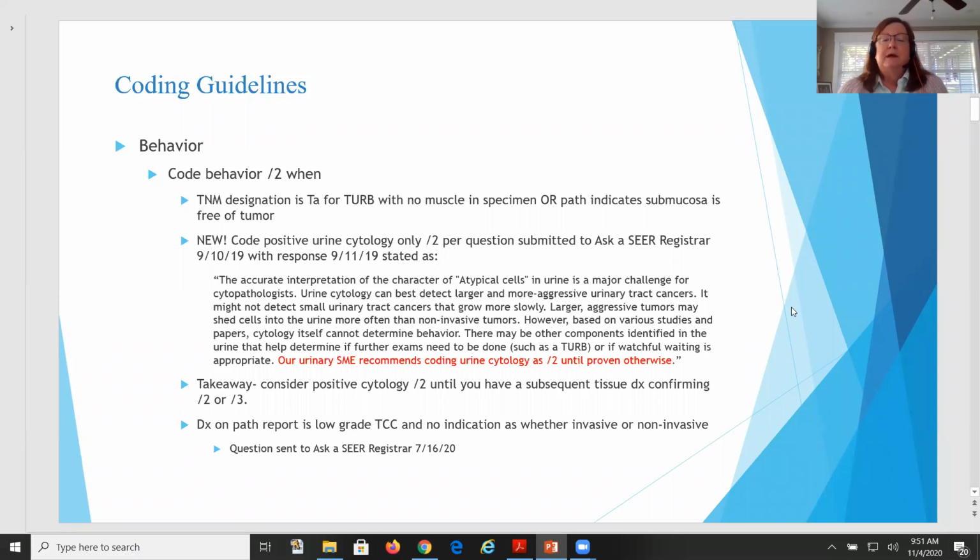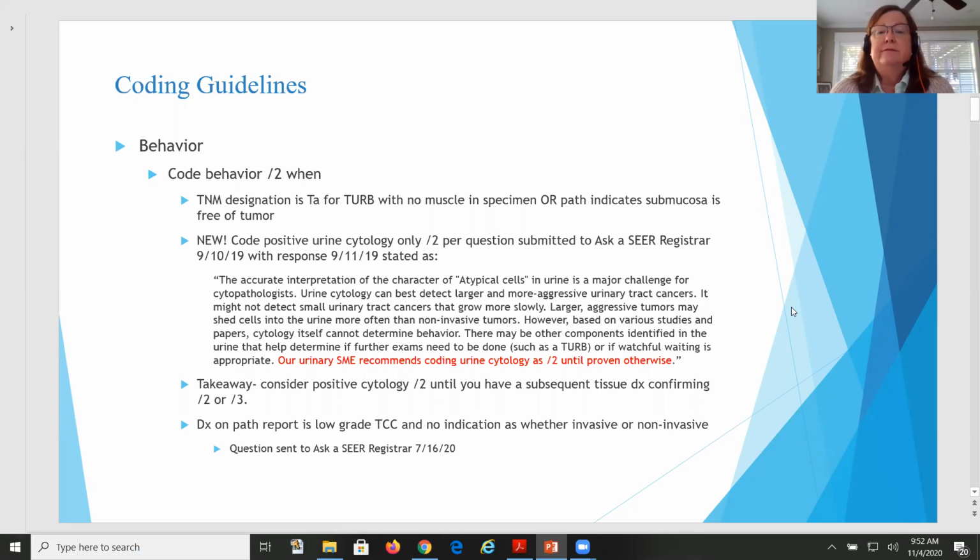As you know, the behavior should be determined by the depth of invasion of the tumor, and you cannot determine the depth of invasion of the tumor by cytology. So we sent the question to SEER to clarify how we should code behavior of cytology.